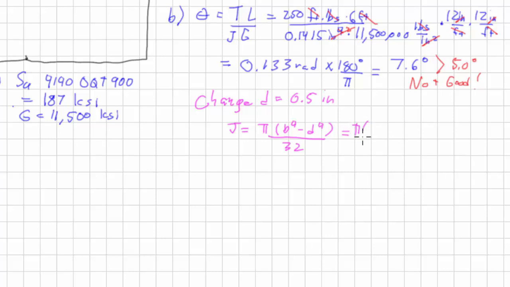So it's pi times 1.25 inches to the 4th minus 0.5 inches to the 4th, over 32. And our new J is 0.2335 inches to the 4th.